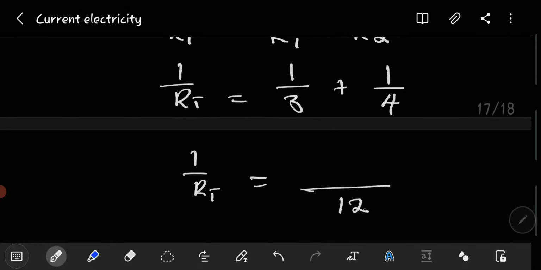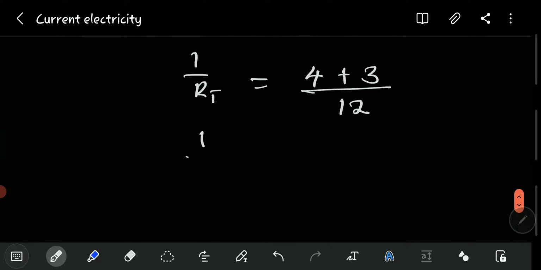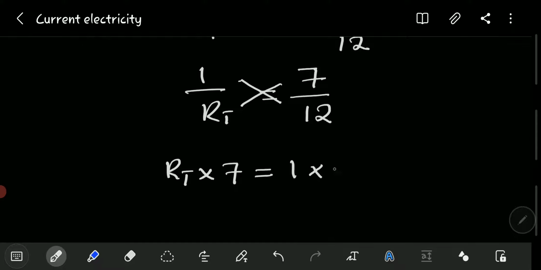Again 12. So 3 into 12 is 4 times 1 is 4, plus 4 into 12 is 3 times 1 is 3. So 1 over R total is equal to 4 plus 3, 7 over 12. Again, we are looking for R total, so we cross multiply, which will be R total multiplied by 7 is equal to 1 multiplied by 12.